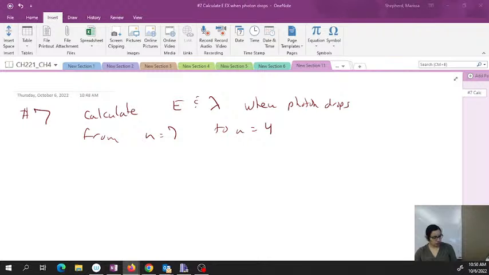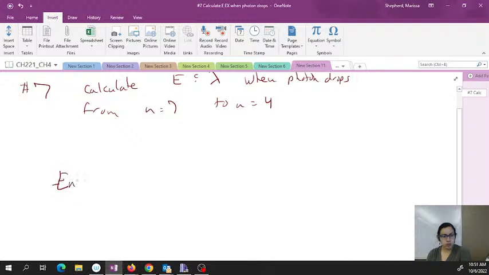What did Joel set up first? Could we use the equation E of n equals negative 2.18 times 10 to the negative 18 times 1 over 7 squared minus 1 over 4 squared?